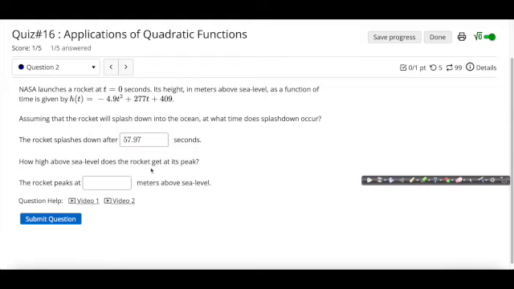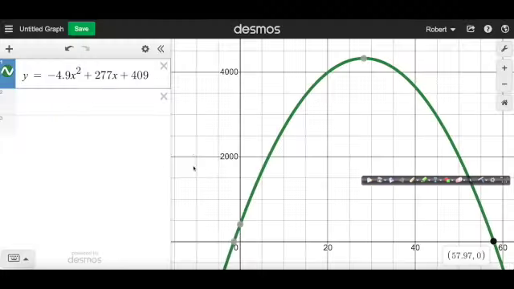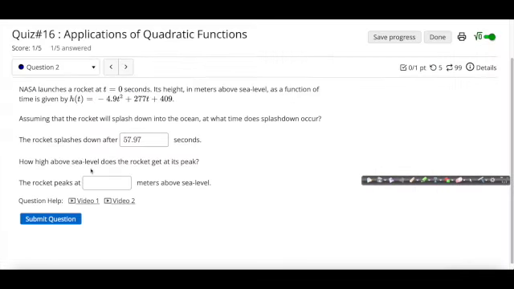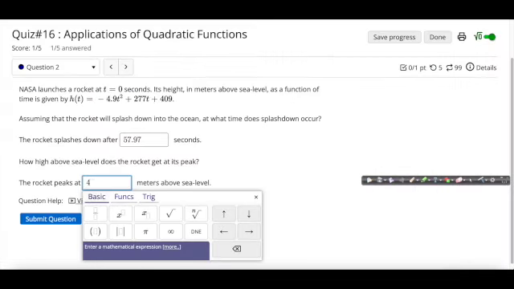Now, where does it peak? That's the key word here. It's going to be up here. It looks like it's going to be 4,323 feet, but give it the decimals just in case. 4323.745, and let's see what happens. 4323.745.